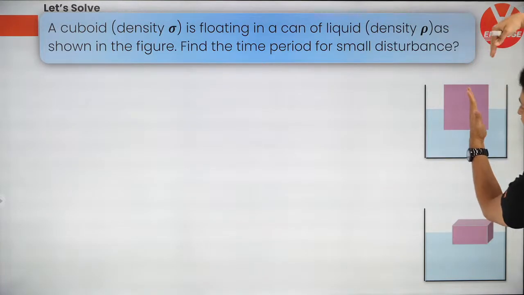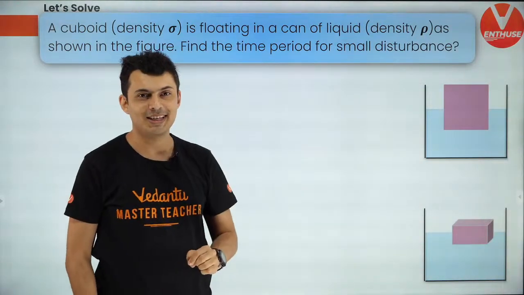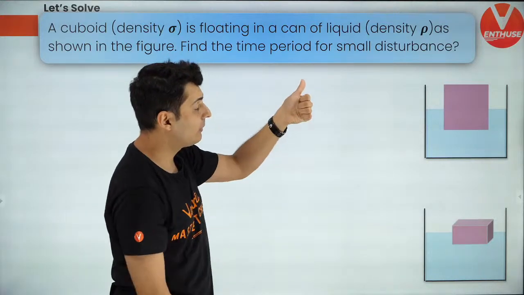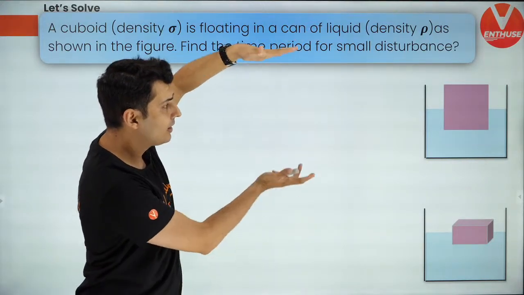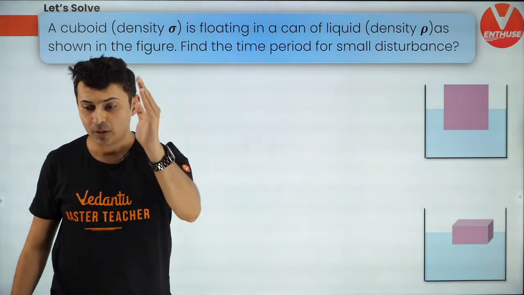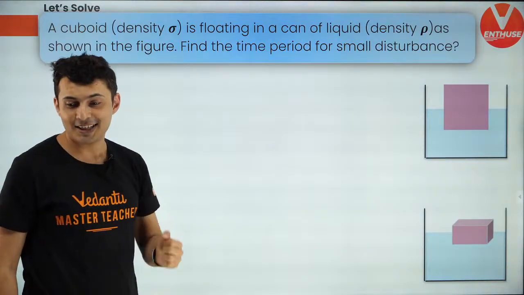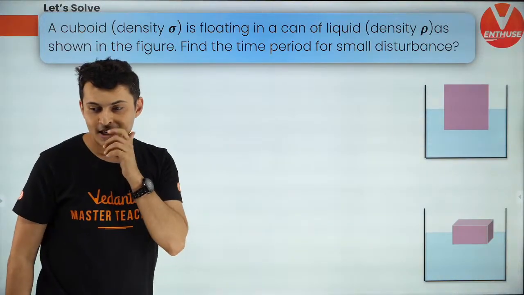That buoyant force is exactly balanced by which force? Mg force. So that buoyant force and Mg force are balanced. That's why that block is floating in that liquid. Let's see how buoyancy is included. Don't worry, we are going to see that.